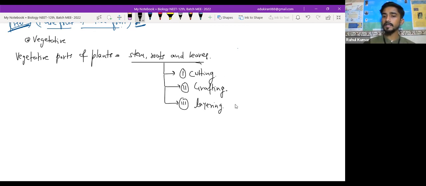So in cutting and layering, adventitious roots are produced. In grafting, one part of one plant is put on another plant and they behave like one plant. Through these ways, we do not need sexual reproduction, and we can propagate the plant asexually through vegetative propagation.